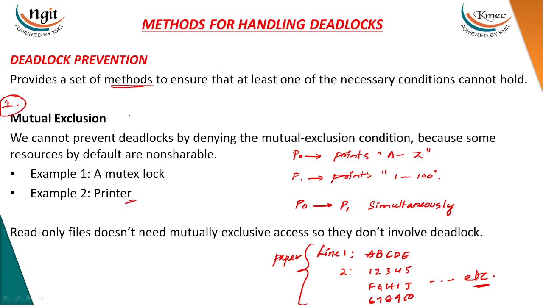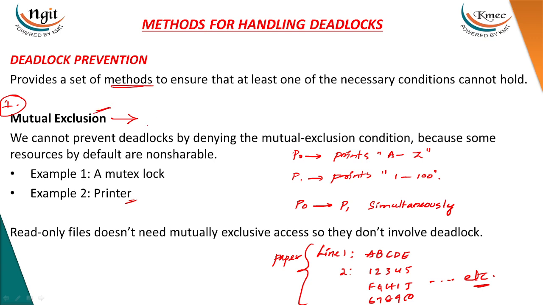We need to remember one thing: we cannot prevent deadlocks by denying the mutual exclusion condition. Mutual exclusion must hold when multiple processes are sharing resources.